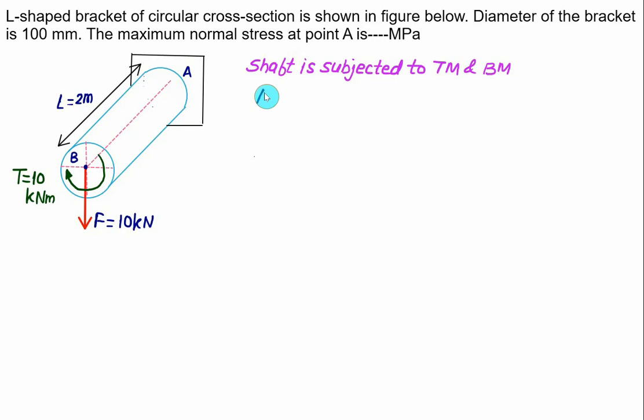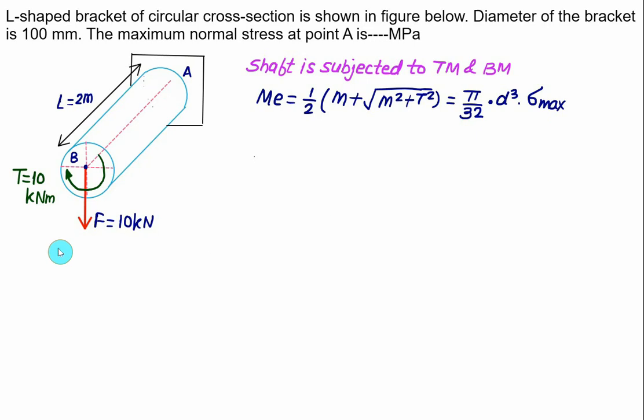So we know that the equivalent bending moment is ME equal to 1 by 2 into M plus under root of M square plus T square, and this value of equivalent bending moment is given as pi by 32 for a circular shaft, D cube multiplied by the maximum normal stress.